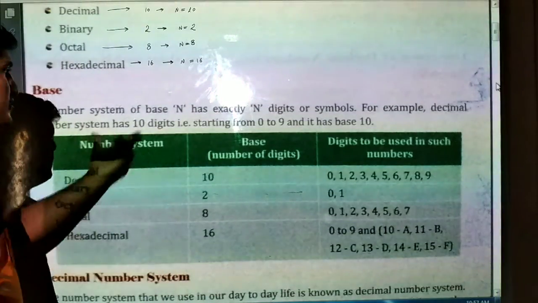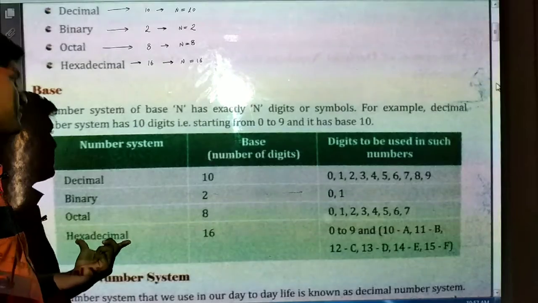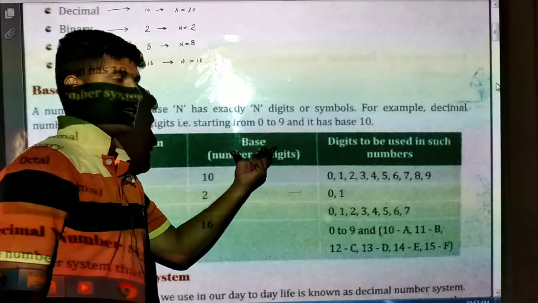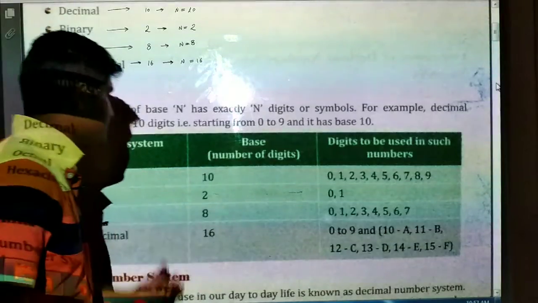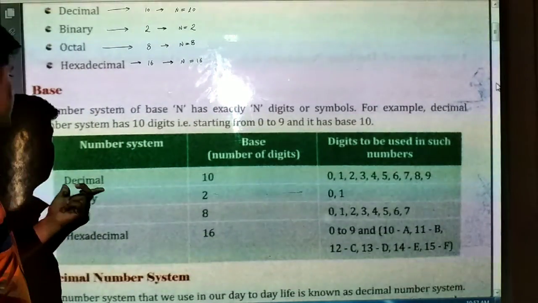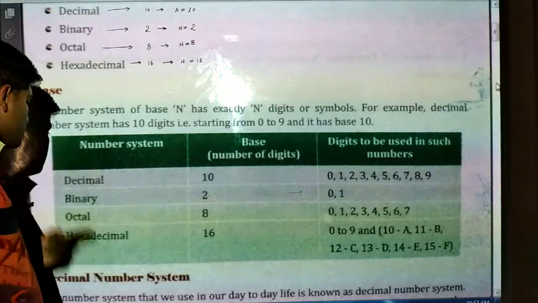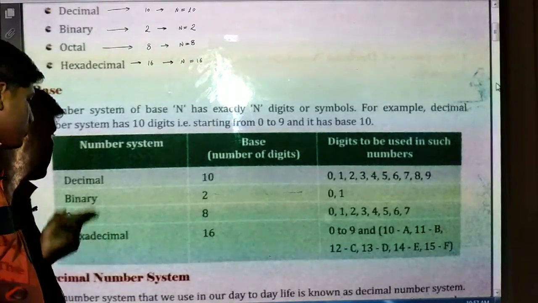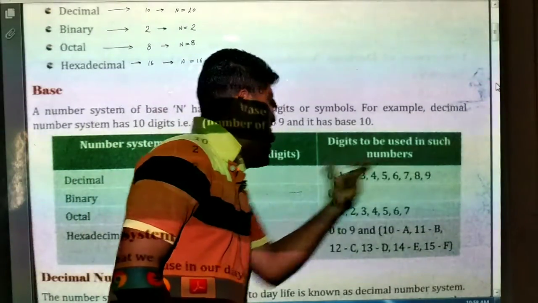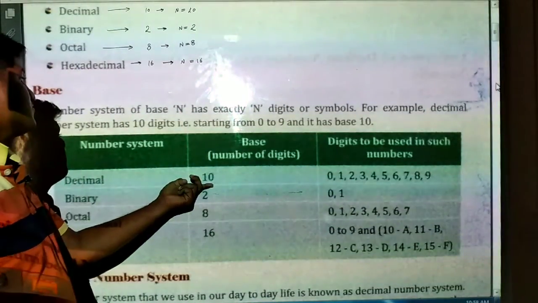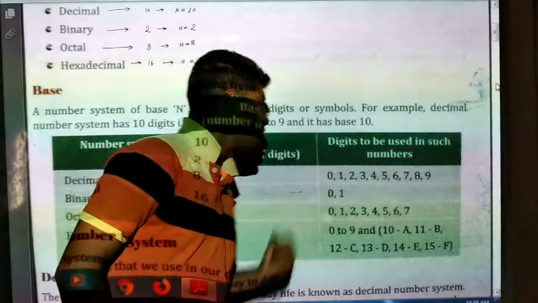इसके अंदर हमने देख लिया था कि नंबर सिस्टम में कितने टाइप्स के नंबर सिस्टम हैं और उनका बेस क्या है. बेस कितने नंबर ऑफ डिजिट्स, how many number of digits are present, that we will call base. तो डेसिमल नंबर सिस्टम में 10 बेस होता है, बाइनरी में 2 होता है, ऑक्टल में 8 होता है और हेक्साडेसिमल में 16 होता है. क्यों? क्योंकि digits that we use in such numbers are: in decimal number system 10 digits we will use, that is 0 to 9.